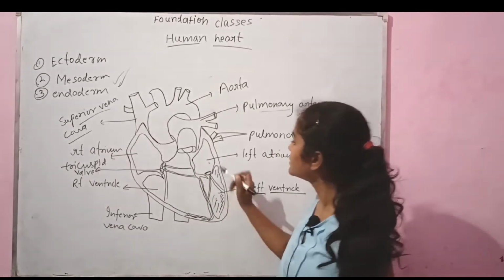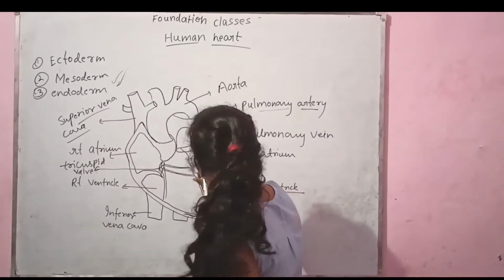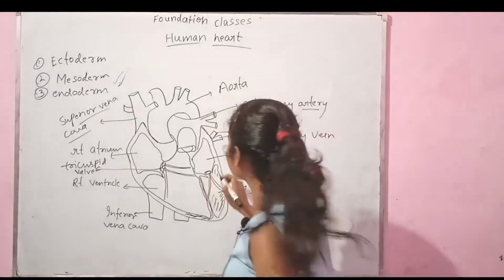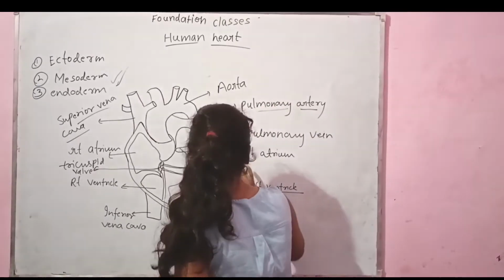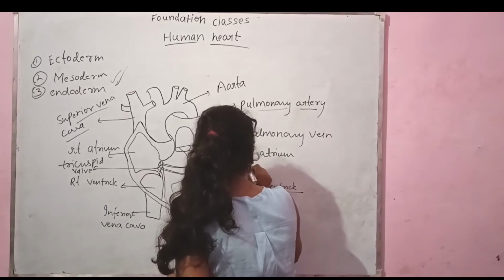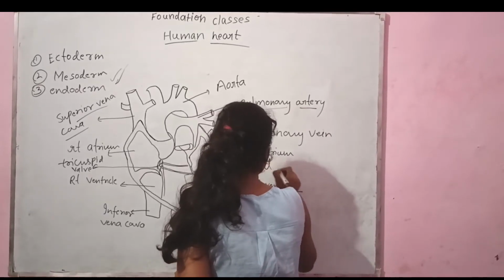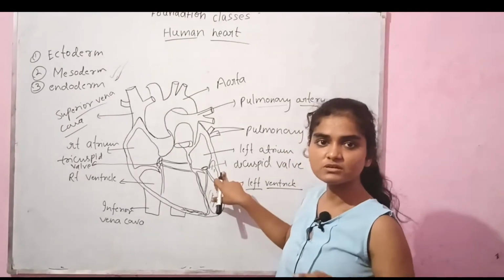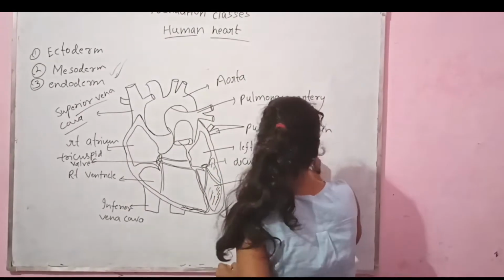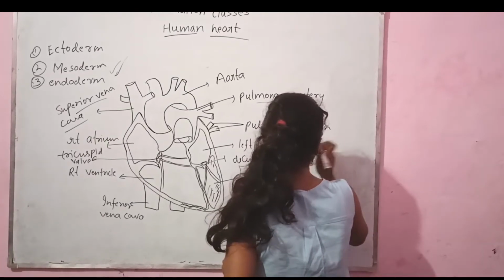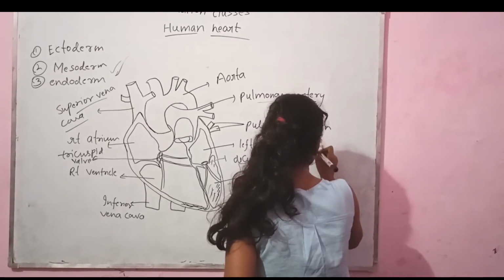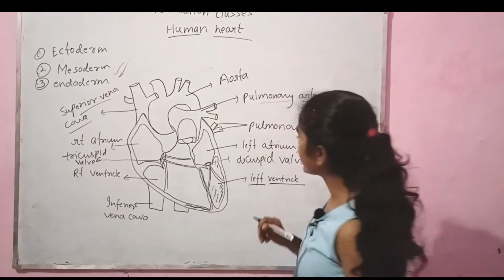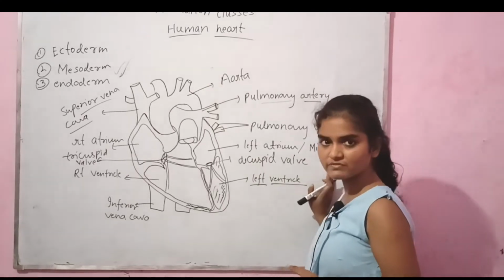Between the left atrium and left ventricle, there is also a valve called the bicuspid valve. This bicuspid valve is also called the mitral valve.